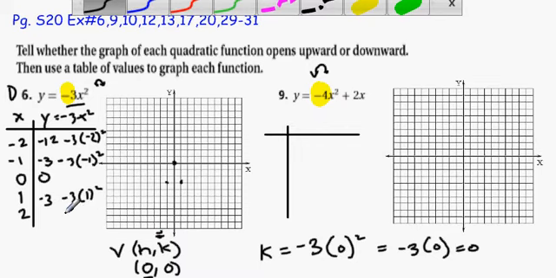And I bet if I plug 2 in for x, 2 squared is 4, and 4 times negative 3 is still negative 12. So basically, I've got myself a parabola with a vertex at 0, 0. It's pretty steep, and it's going to look like this.